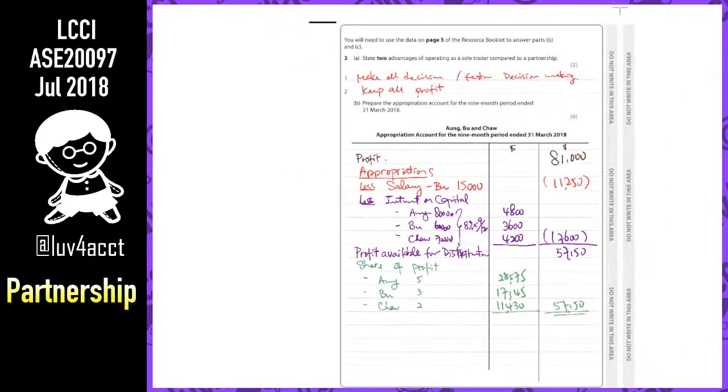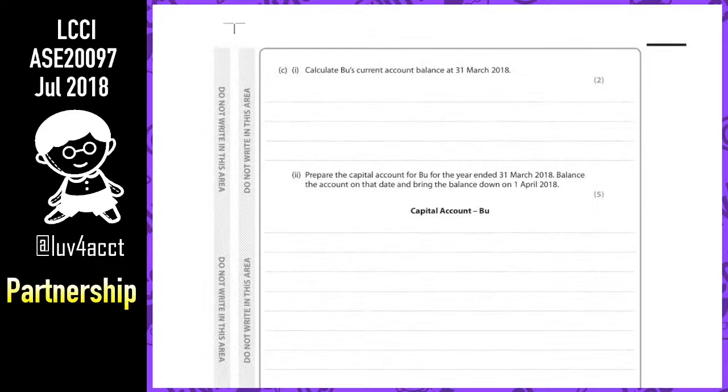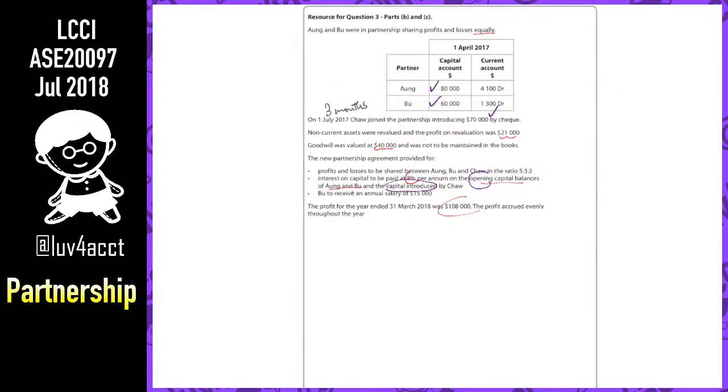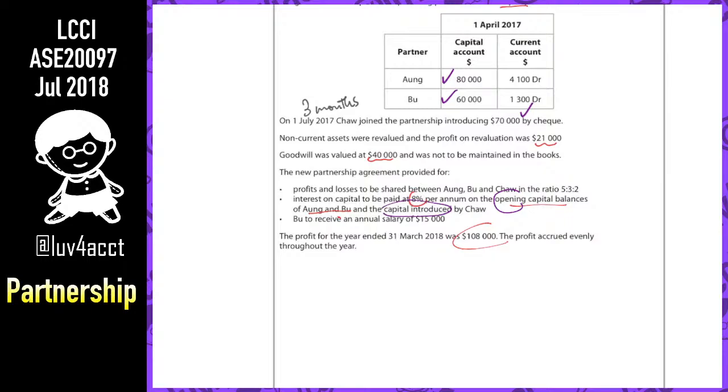Okay, so finish for these 6 months. Calculate Bu's current account balances. Okay, so for Bu, the opening current account is debit 1300.